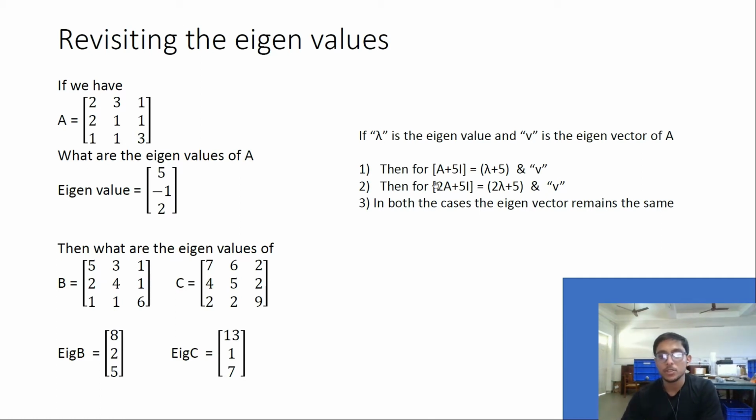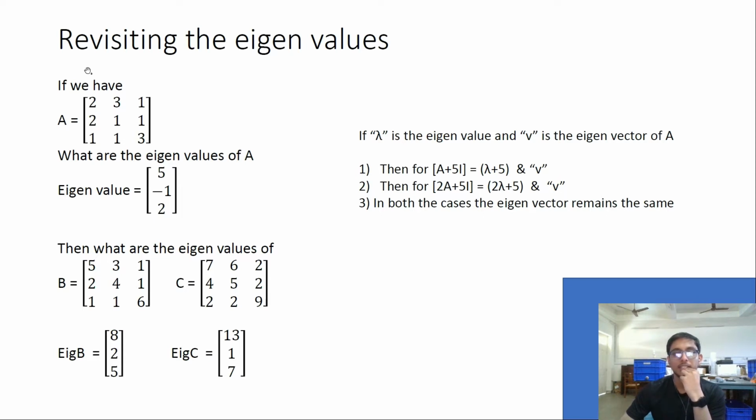So if you have to add any scalar to a matrix, then you have to multiply that scalar with the identity matrix and then add. If you do that, your eigenvalue will also undergo the similar linear operation. And in all the cases, the eigenvector is not going to change.